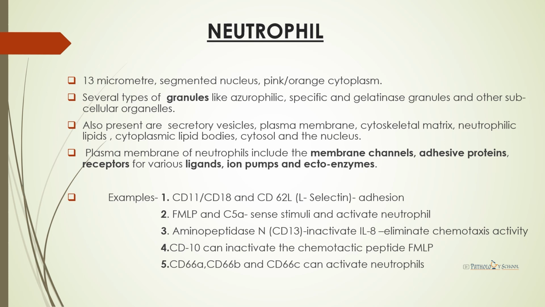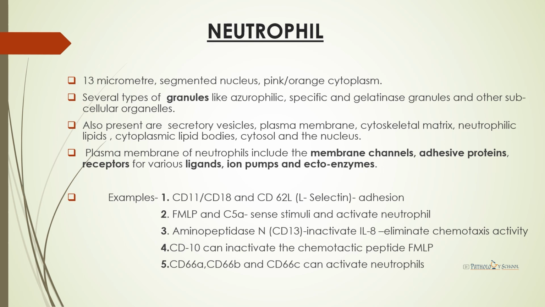There are several types of granules like the azurophilic granules, the specific granules, and the gelatinase granules, and other subcellular organelles which are present are the secretory vesicles, plasma membrane, cytoskeletal matrix, neutrophilic lipids, and the cytoplasmic lipid bodies, cytosol and the nucleus. The plasma membrane of the neutrophils includes the membrane channels, adhesive proteins, receptors for the ligands, ion pumps, and ectoenzymes.